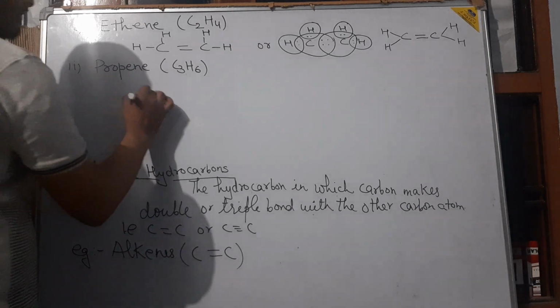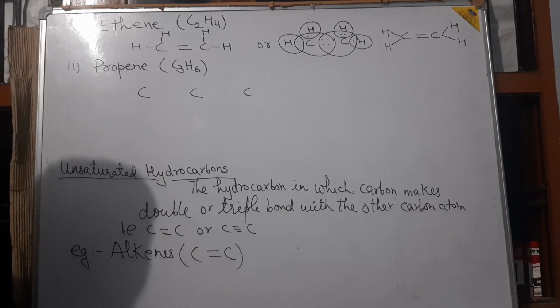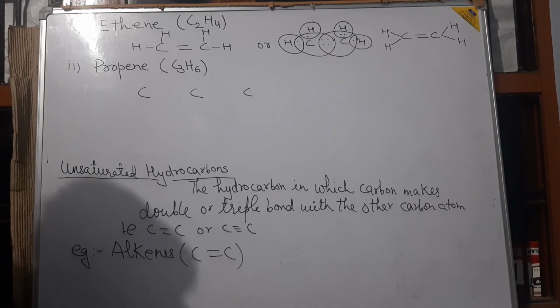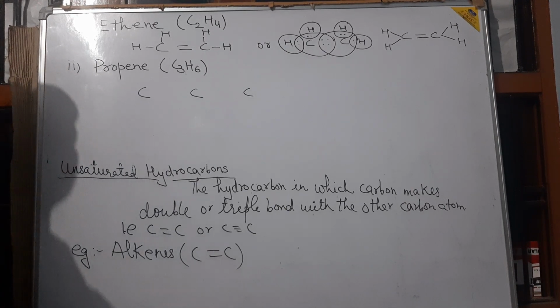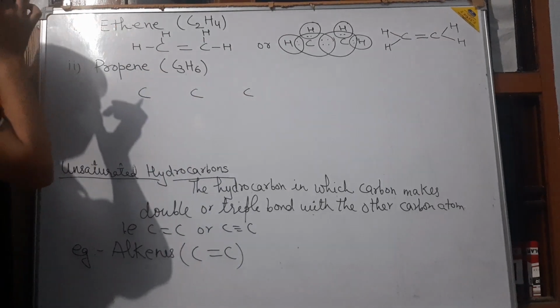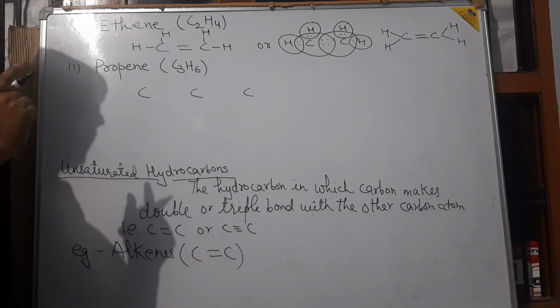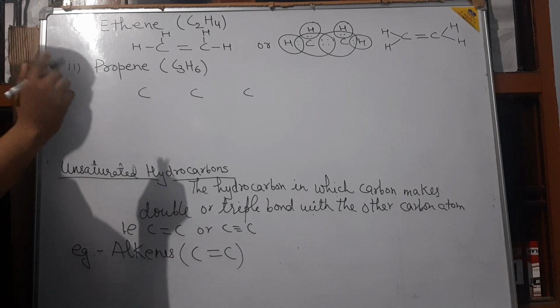So we draw first 3 carbons, and we have only one double bond in them. You can make the double bond here or on this side, but you should have only a single double bond in the formation of alkenes.